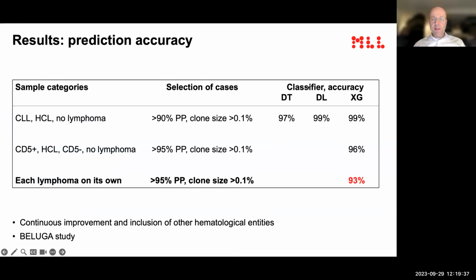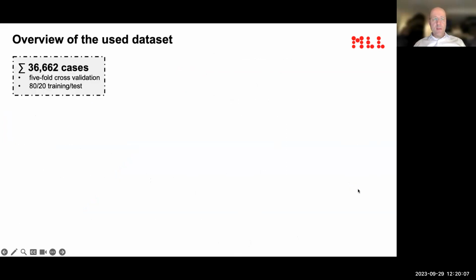We evaluated different classifiers, so-called XGBoost proving to be the best, and importantly here, again evaluating cases with above 95% prediction probability, including all lymphoma cases, and considering clone size above 0.1%, so 1 log deeper than before, we had an accuracy in the first approach of 93%.